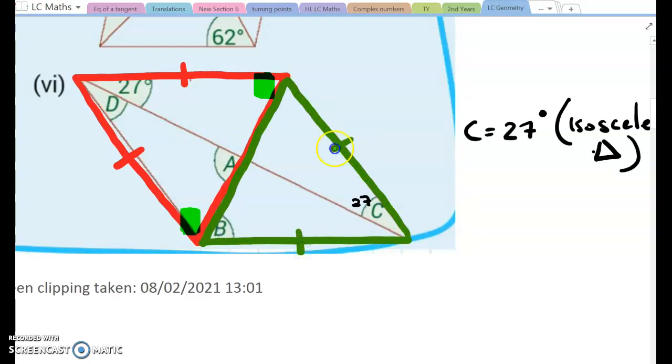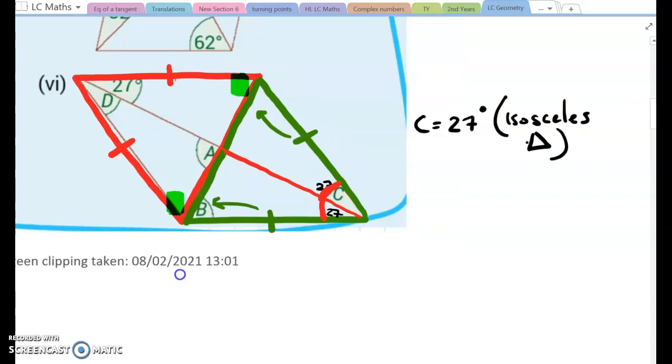Now, this is equal to this, so that angle is equal to that angle. And this line that's coming down through the middle of them would mean that it's cut in half. So C would also be equal to this angle in here. So that's also 27. I know we're not asked to find it, but it may prove useful in a moment.